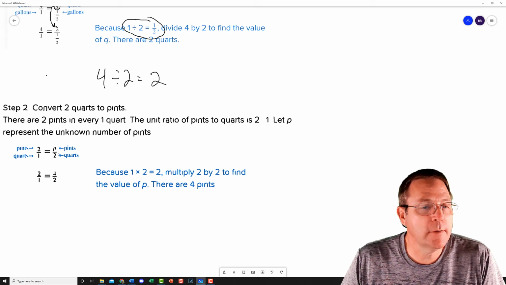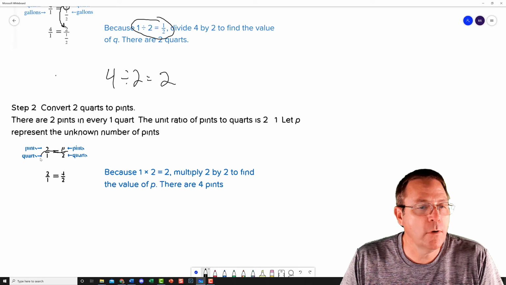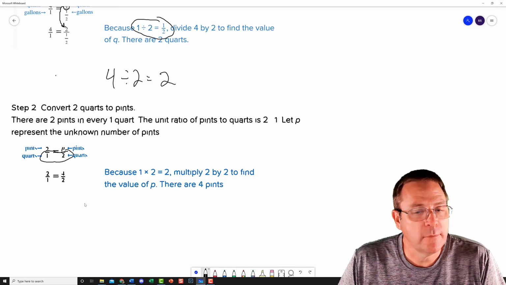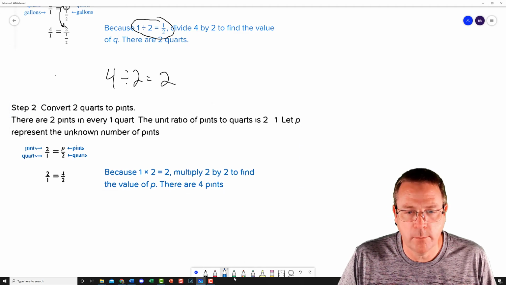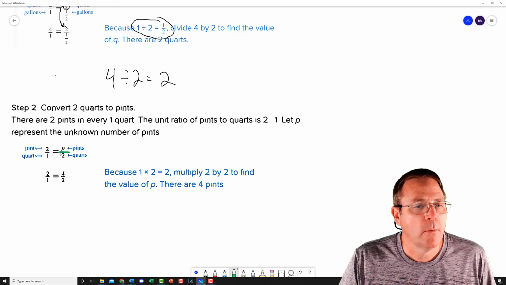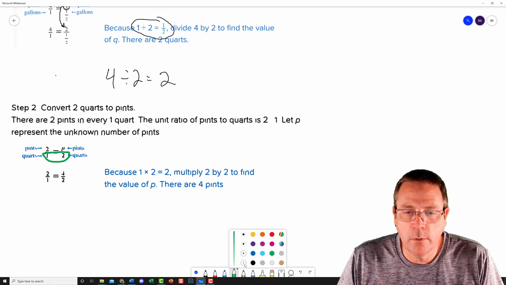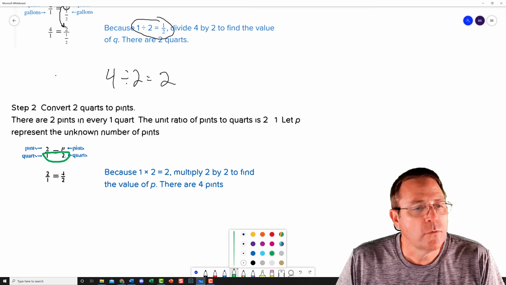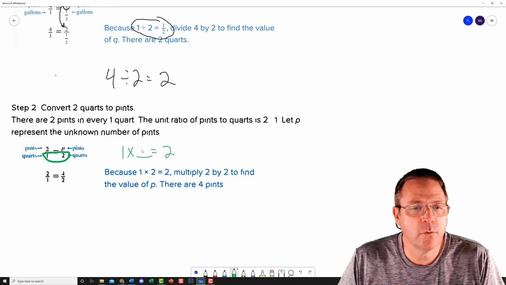So what they did is they started off by focusing on this row right here, in a nice pretty green. They asked, what do you need to do to 1? What do you multiply 1 by in order to get it to equal 2? And that is, of course, going to be 2. 1 times 2 is 2.